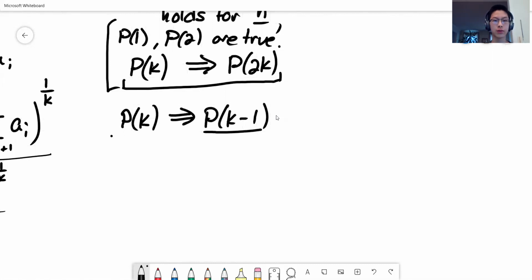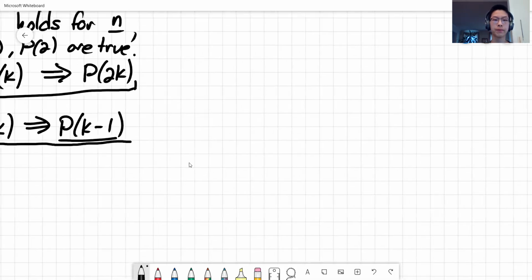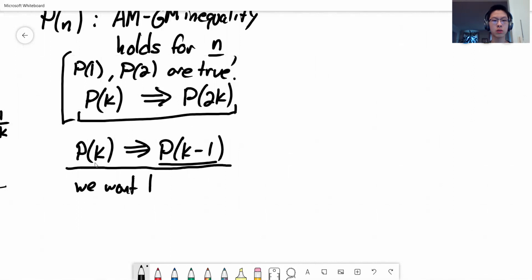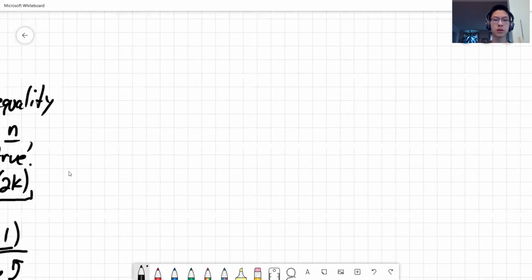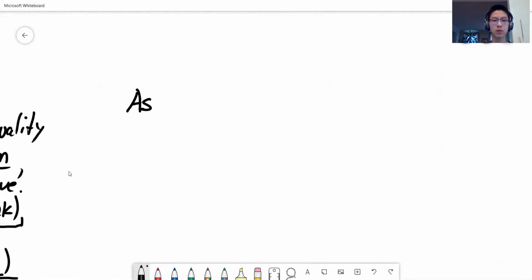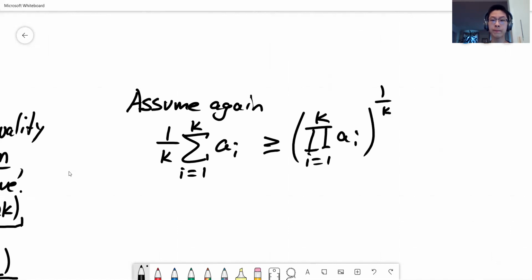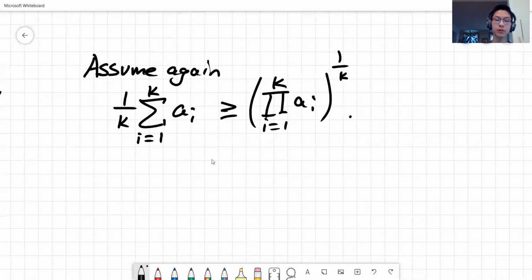Here's the idea. It's very clever. So we're going to assume again that the average of the a_i is greater than or equal to the geometric mean of the a_i.